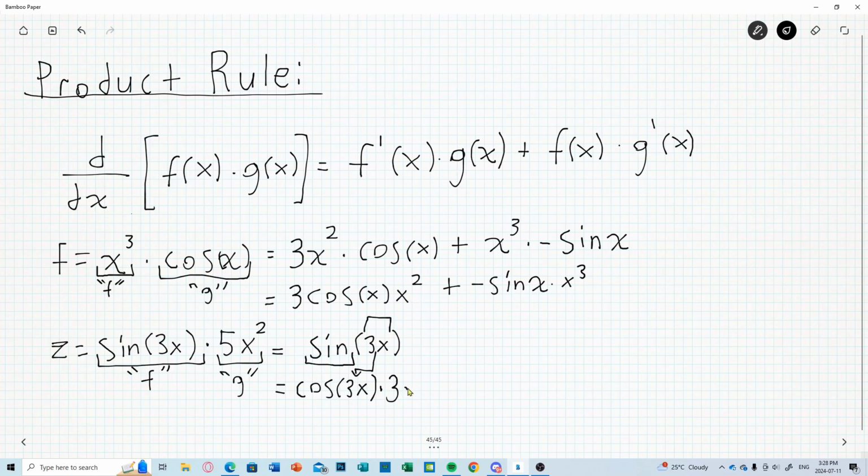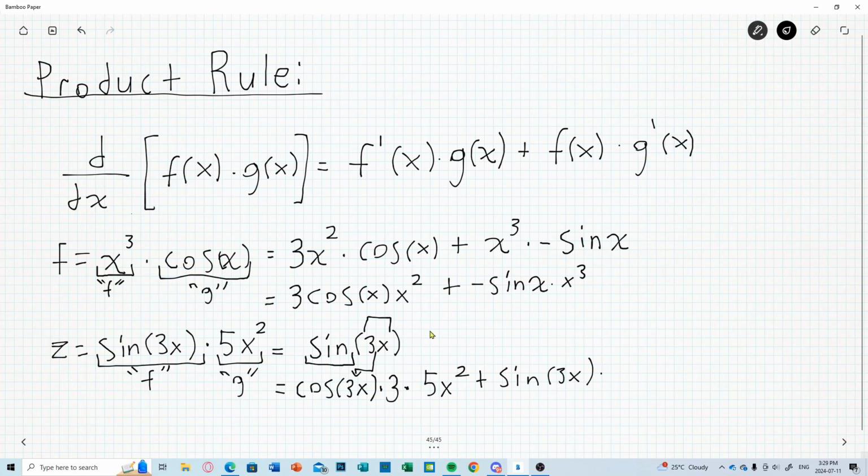Now, that's the derivative of our f. So we multiply it by our regular g, which is our 5x squared, and we're going to add our regular f, which is sine 3x, and then multiply that by our g prime. Our 5x squared is just going to be our power rule again with the constant out front.